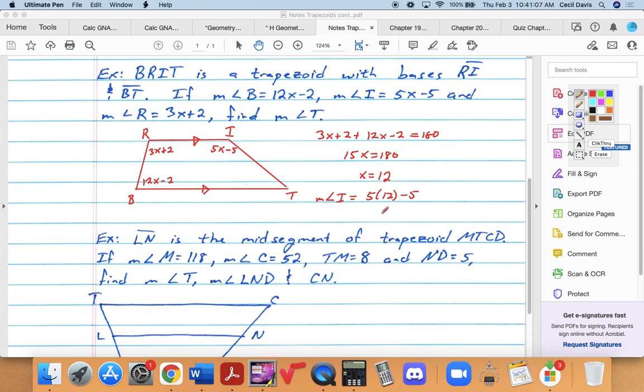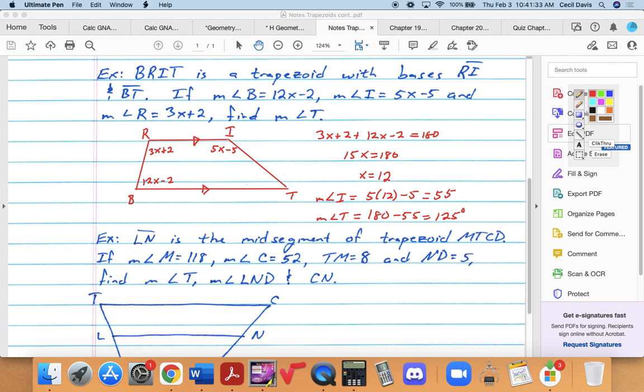Okay. So doubling that would be 10. Half of that would be 6. This is 60 minus 5 is 55. So then the measure of angle T would be 180 minus 55. It's 125 degrees.